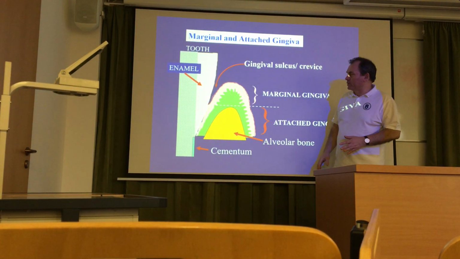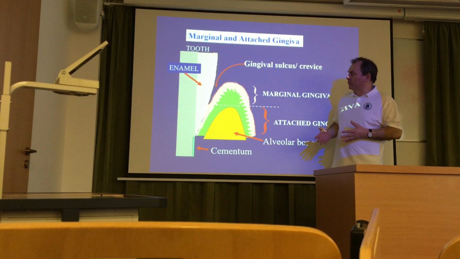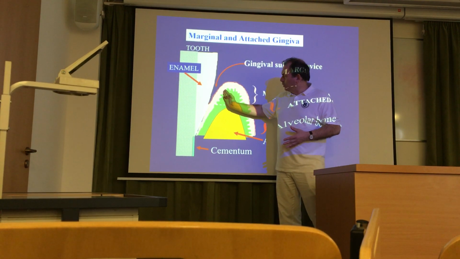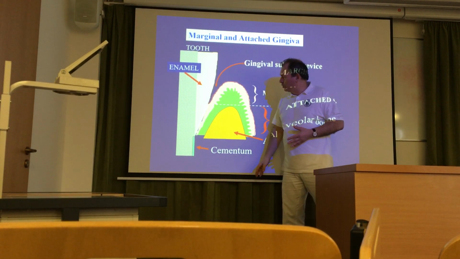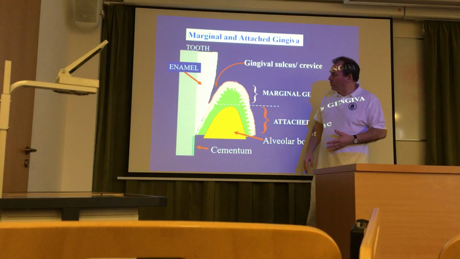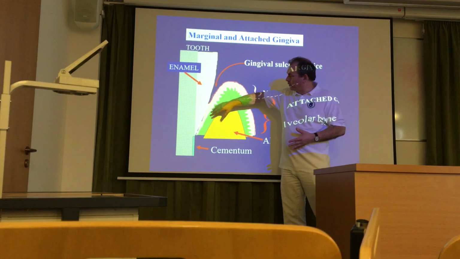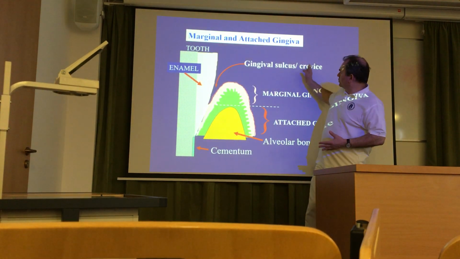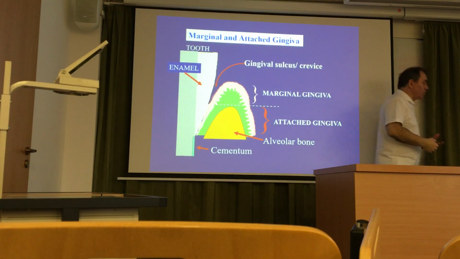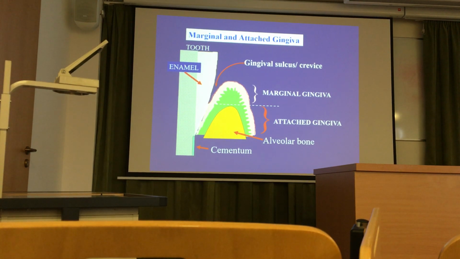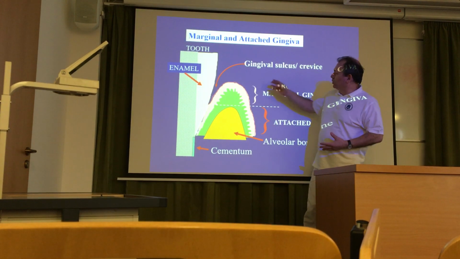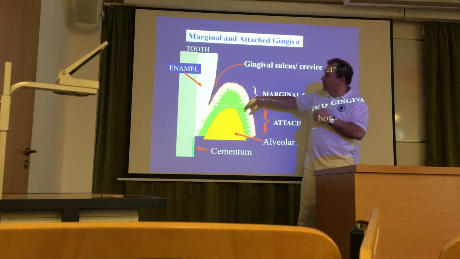It is actually not a real space, but a virtual gap between the inner side of the gingiva and the outer side of the tooth, the enamel, or sometimes, as I mentioned, the cementum forming the inner side of the sulcus. This is the area, the crevice or gingival sulcus, where a very important fluid is produced, the crevicular fluid or gingival sulcus fluid.